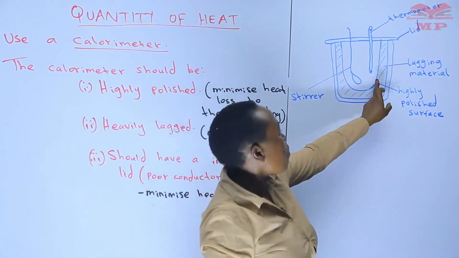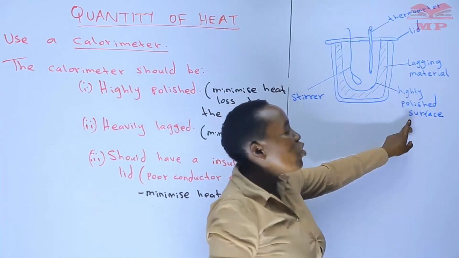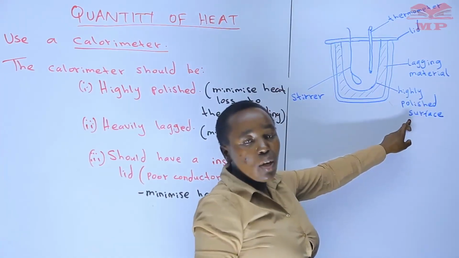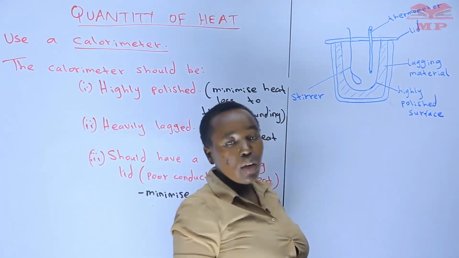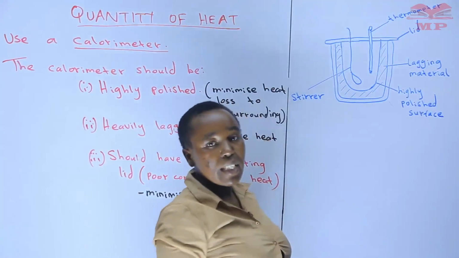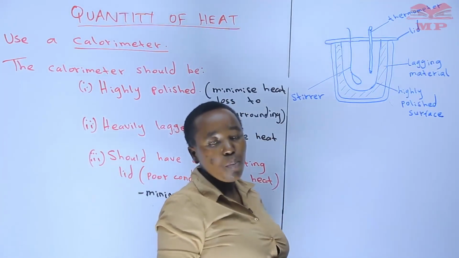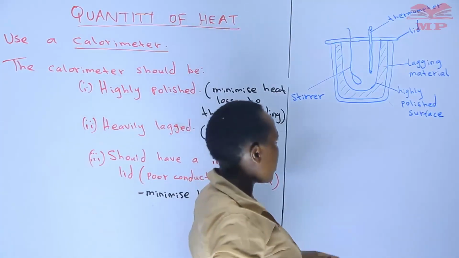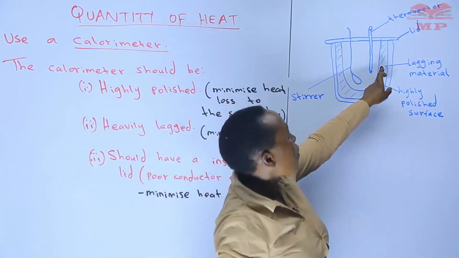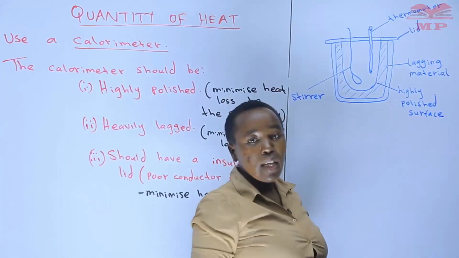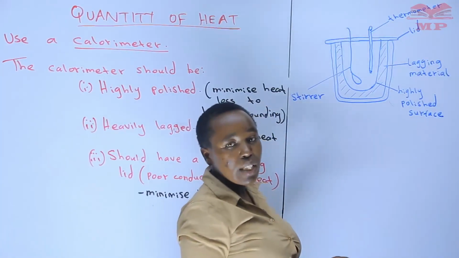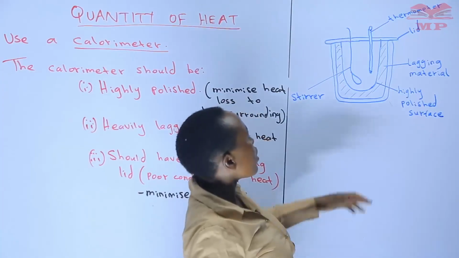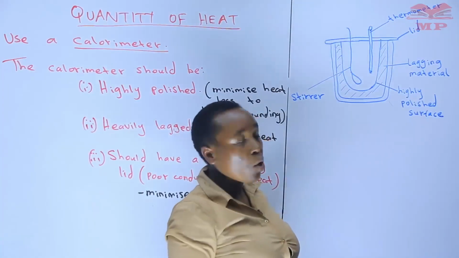This part here is highly polished to minimize heat loss, because we have seen that polished or shiny surfaces are poor emitters and also poor absorbers of heat. Then we have a lagging material here. We use a poor conductor of heat, like asbestos, so it is used again to minimize heat loss.